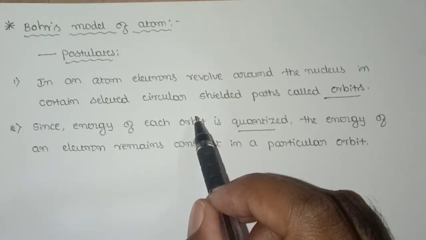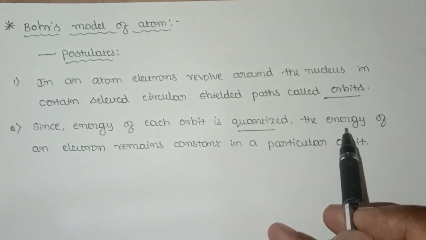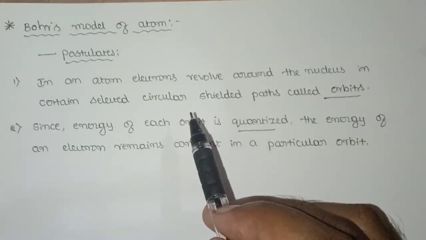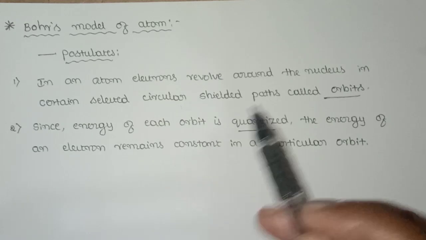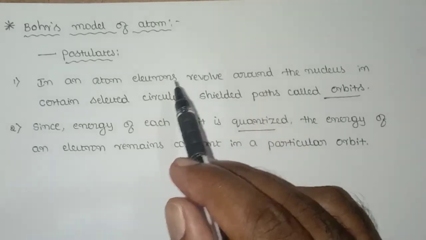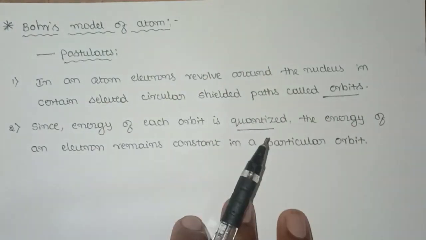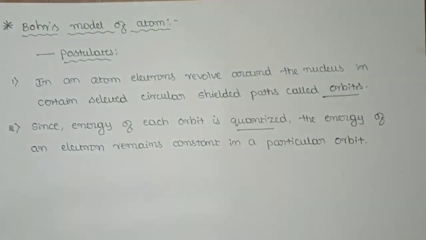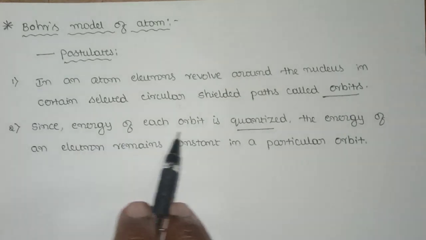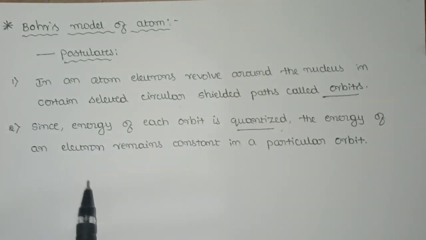So when the energy of each orbit is fixed, the energy of the electron which is present in that particular orbit will also remain constant. This indicates there will be no loss or gain of energy by an electron when it is revolving around the nucleus. And as we said, the energy of each orbit is quantized, that is fixed.